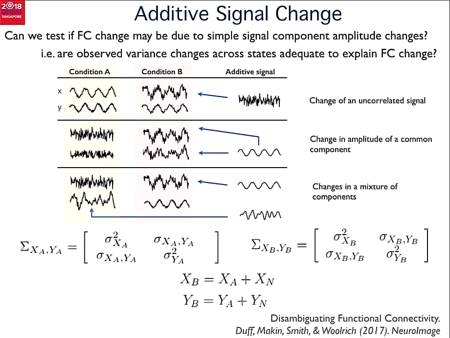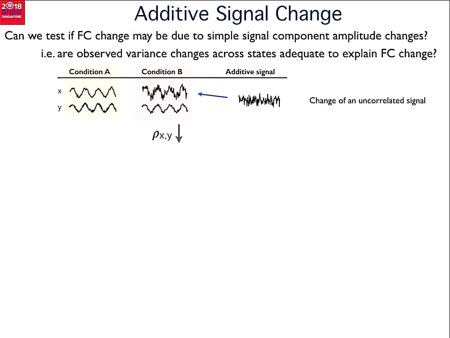And we can put constraints on the nature of that additional signal to correspond to certain types of signal amplitude changes. The simplest example is if this new signal is uncorrelated with all the existing signal. So that may be an increase in uncorrelated measurement noise in a second condition.